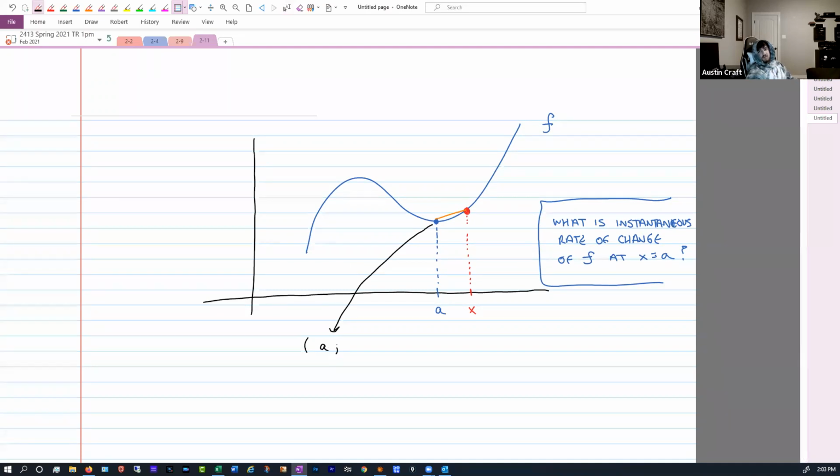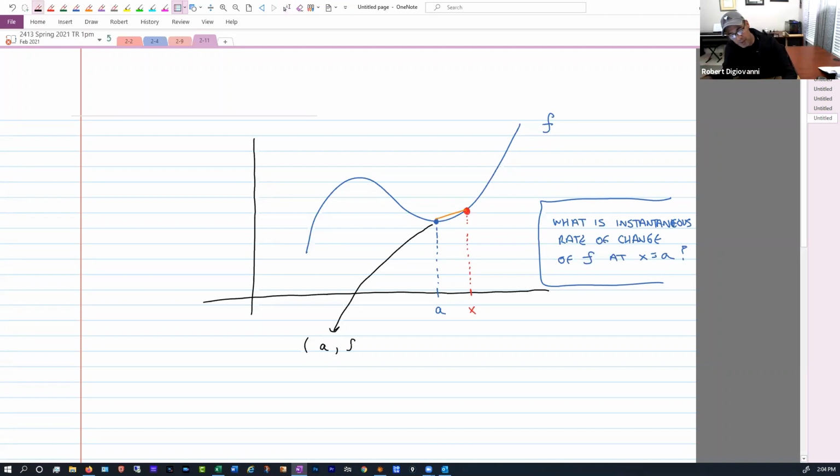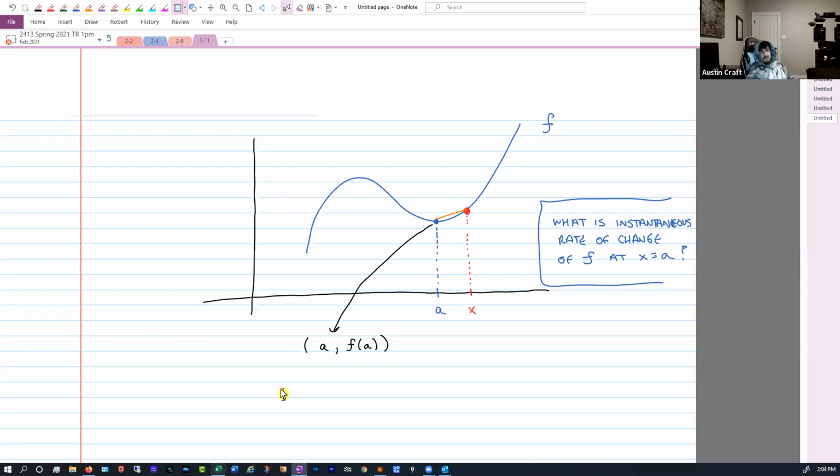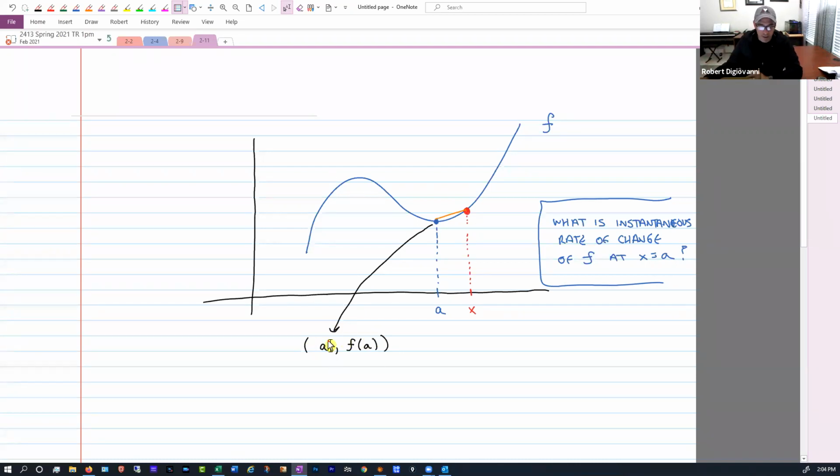Would it just be f of a? Yeah, because I'm not telling you the exact function, so all you can tell me is that it's whatever you would get when you plug a in. If I actually gave you the function, then you could tell me what that is. Is everyone clear on that? Previously, this was just the number 3, and we plugged it in and got an answer, like 2, or -1 and that was 6. But in general, we don't know this right now.